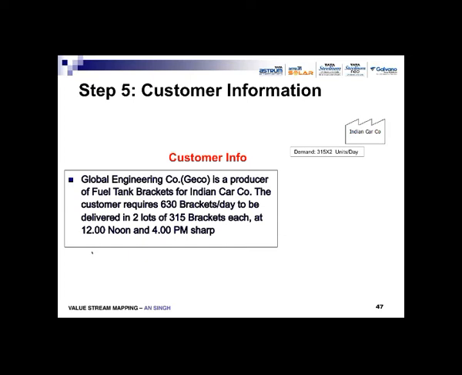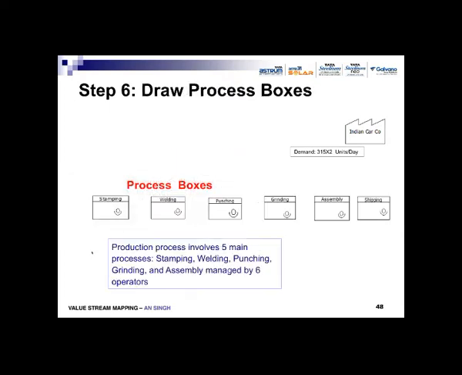It starts with the shipping, the processing, then the supplier of the material. So the first thing to be made: we are using the symbol Indian car company as the customer, and the demand of the customer is 315 bracket units per day, twice per day. This is the first icon we have used in the value stream map.